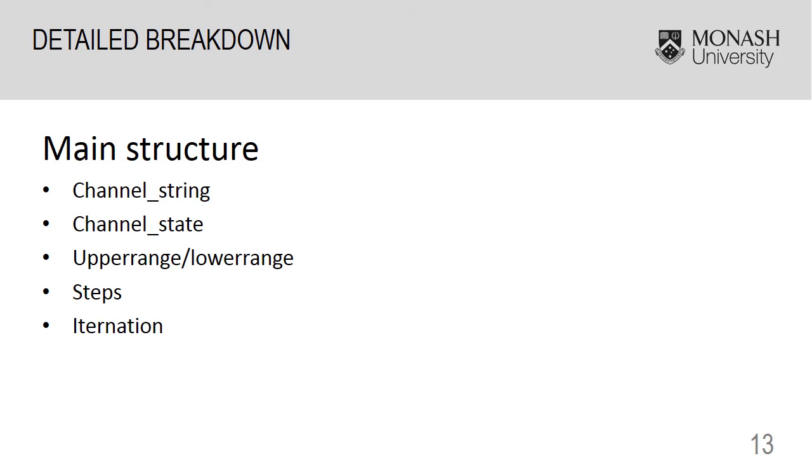Channel state defines different channel conditions. For different channels, you can input different numbers. For BEC, you can input 0.01 or 0.1 or 0.2, as it stands for different channel conditions.